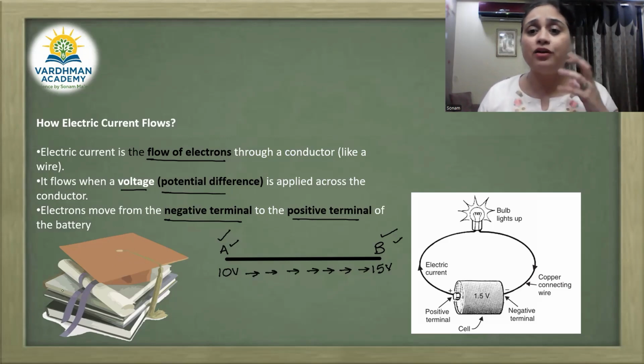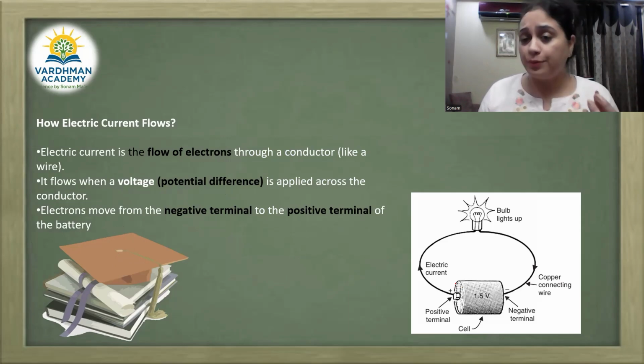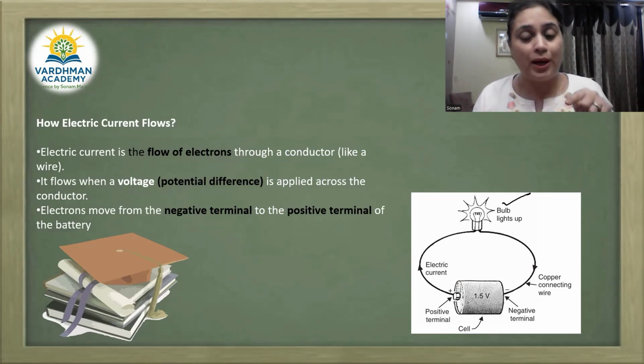Now we'll understand the role of a battery in an electric circuit. This is a very simple electric circuit here, children, which has a bulb that is lit up because the two ends of the wire are connected to a battery. One end is positive and the other end is negative.